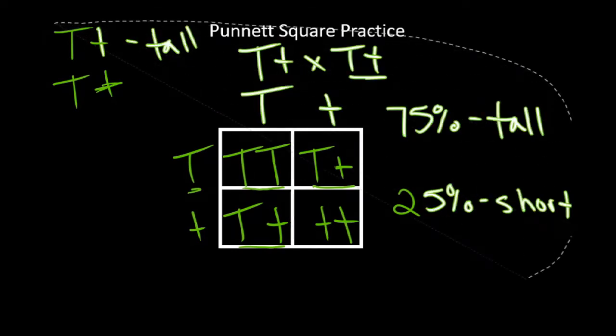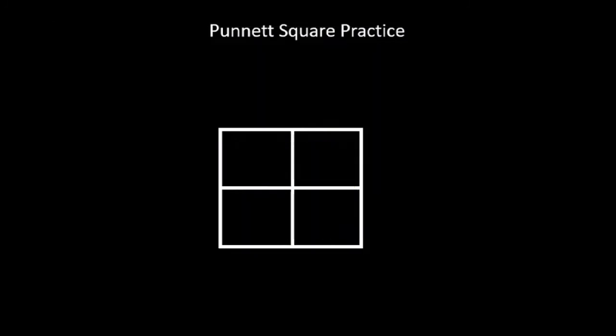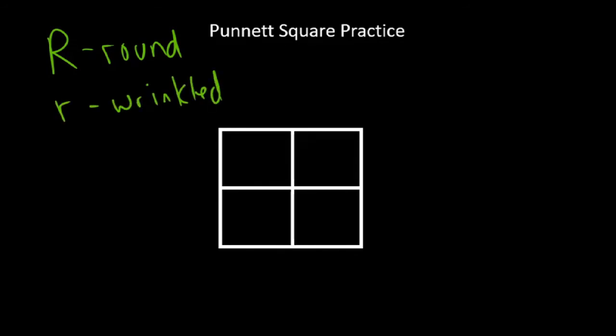So let's do one or two more examples just to kind of help you with your workbook. What about if we had R's? Let's say the big R is for round seeds and little r is for wrinkled seeds, right? So what if we had, let's say, a heterozygous pea plant, so it would have round seeds, and let's cross it with one that has wrinkled seeds.